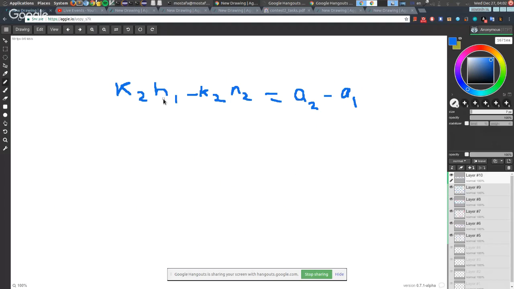Here we can try to solve this using Bezout's identity. So we can get some coefficients a and b such that this is true.